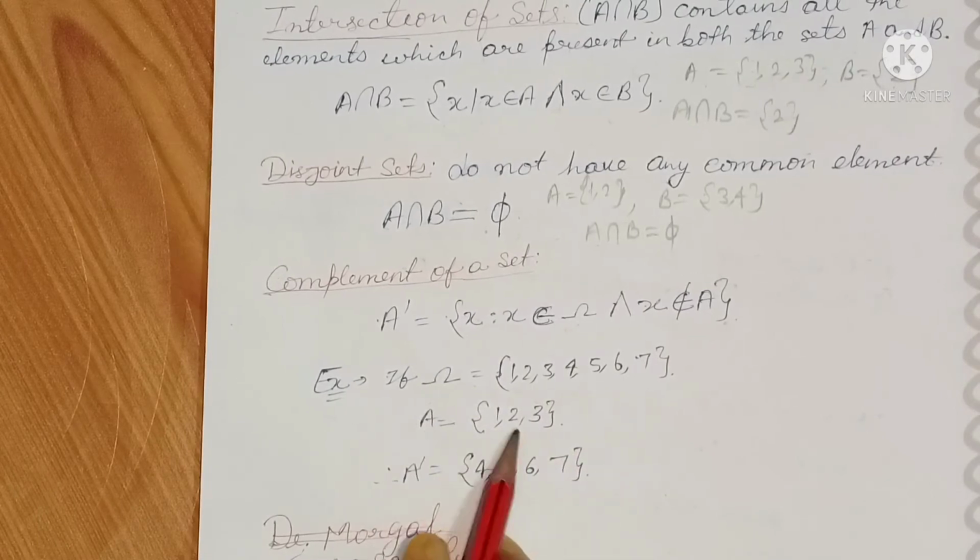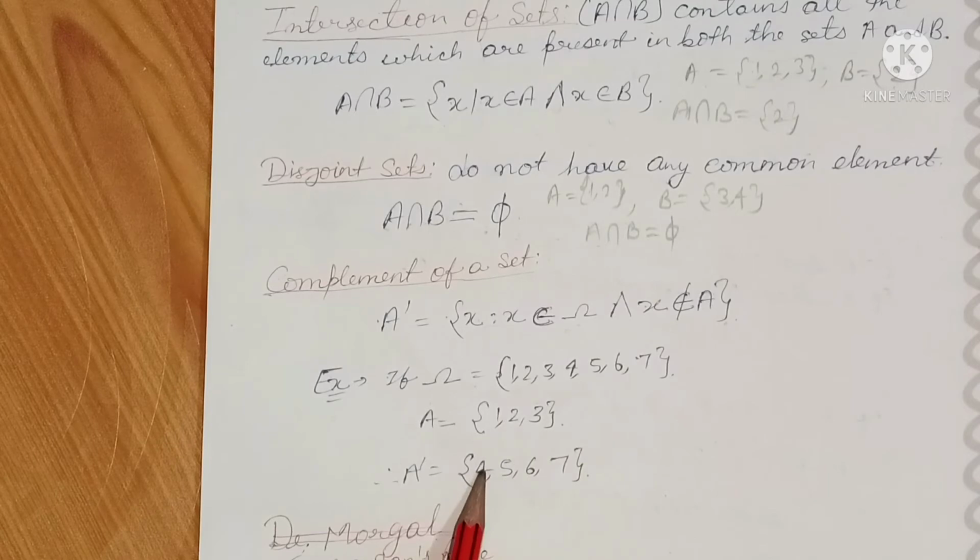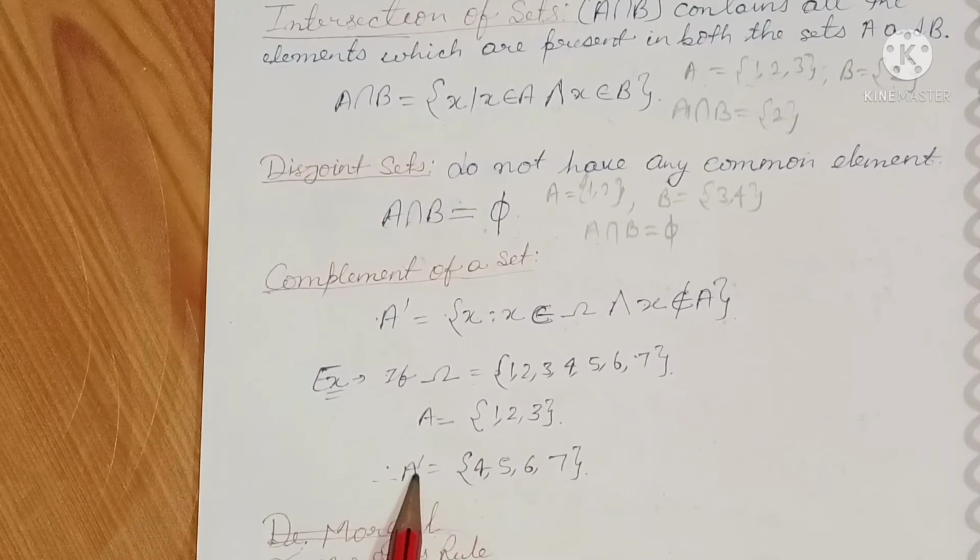So the complement of A means you write all the elements except those present in A. In A, 1 to 3 are present, so we exclude 1 2 3 and write the remaining elements, 4 5 6 7. So this is the A complement.